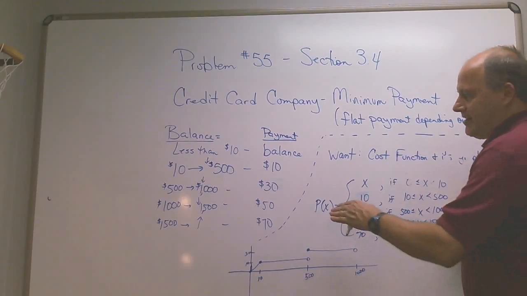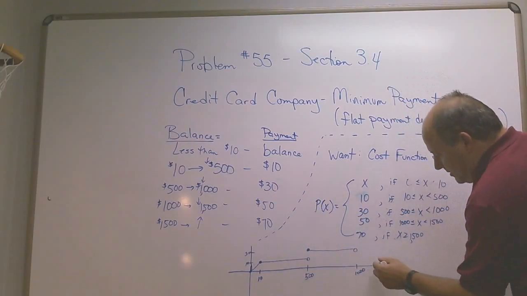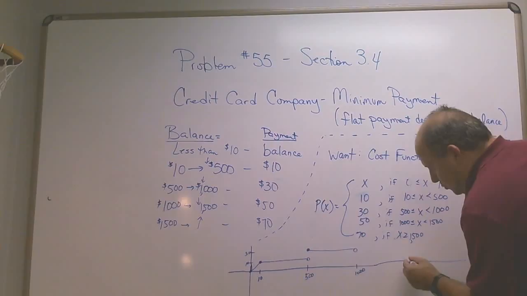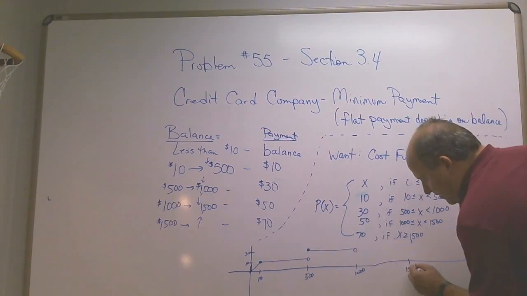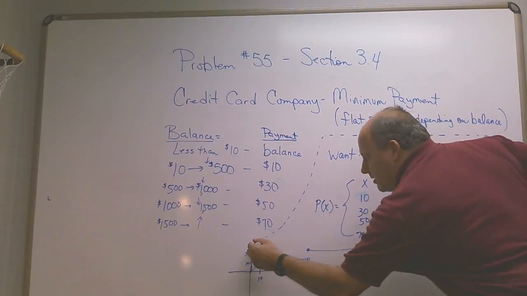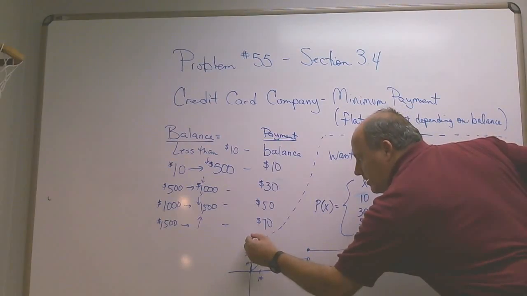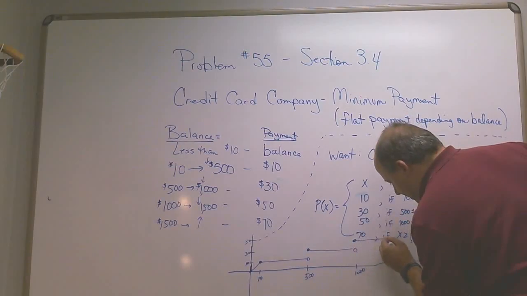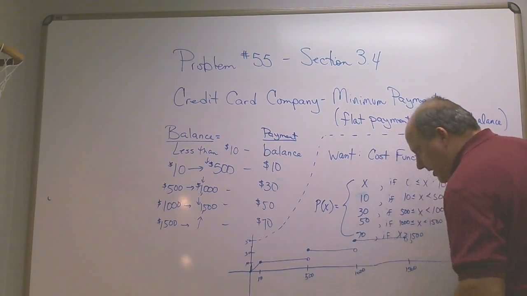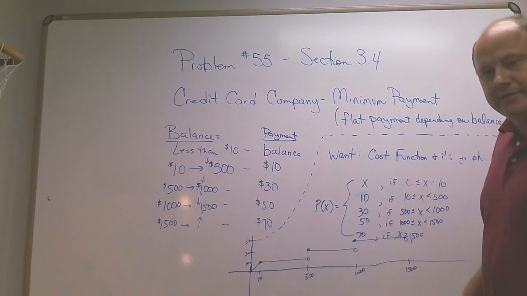And then from 1,000 to $1,500, now I'm making this way bigger than I really need to, but that's okay. At $1,500, the payment jumps up to $50. I'm about to run out of room here, but I don't think I'll even finish it, because I think you should be able to figure the picture out by now.